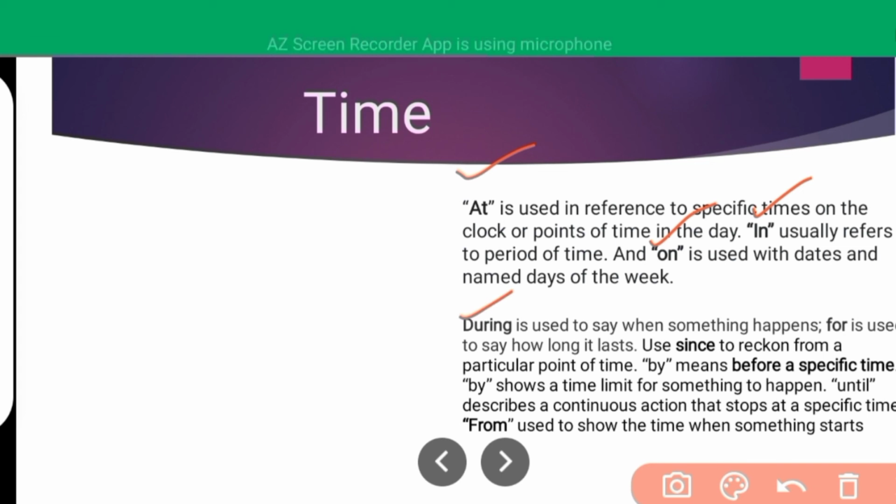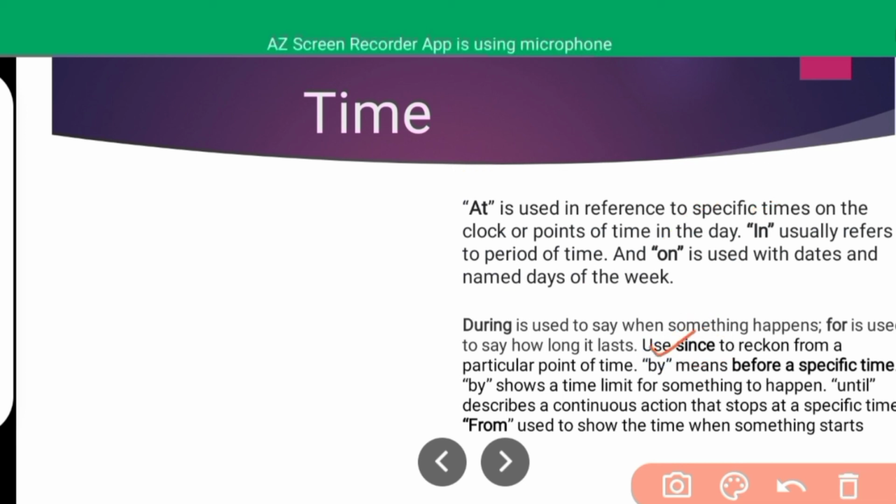During is used to say when something happens, and for is used to say how long it lasts, and use since to reckon from a particular point of time. जब particular point of time explain करना होगा तो हम use करेंगे since. For example, since 1947.